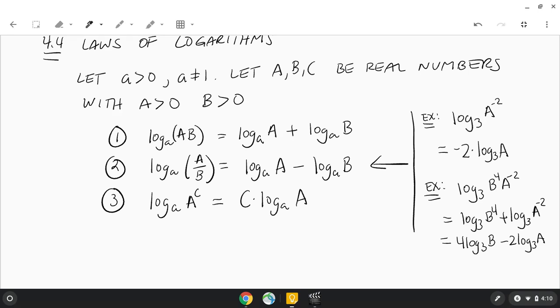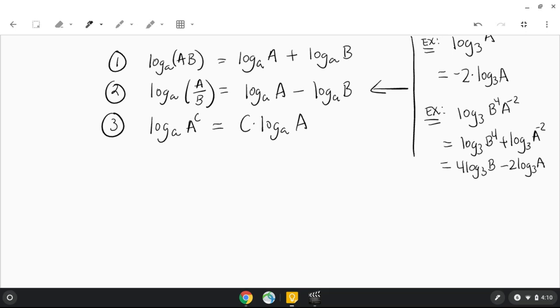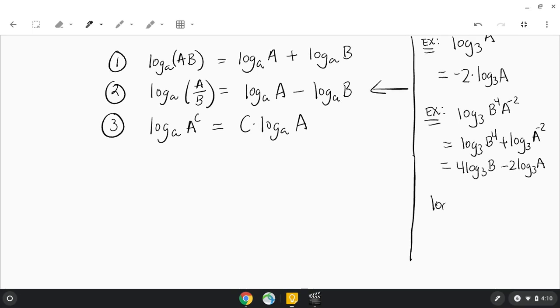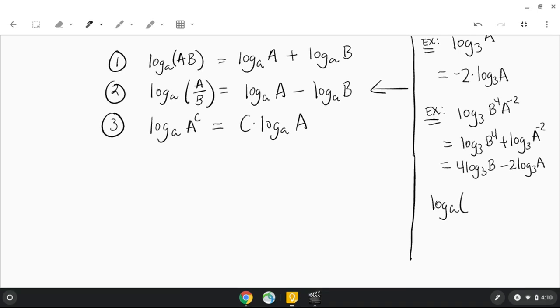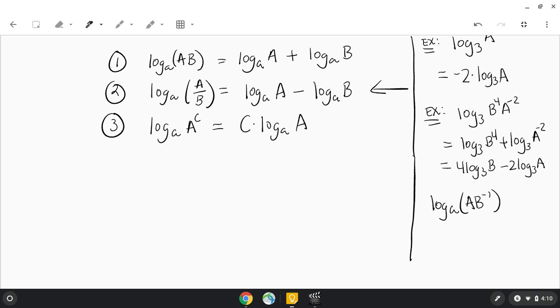So this second law is just a combination of 1 and 3. Let me show you here. a over b is the same thing as a times b to the negative 1. That's what a over b is.